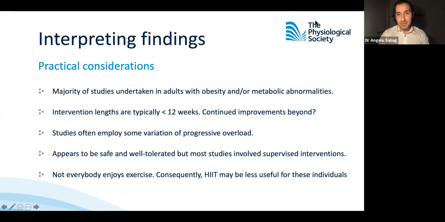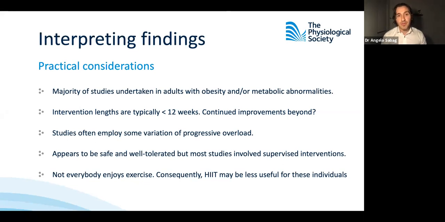Now, another thing that we've seen, and this is specific to high intensity interval training, I'm not talking about sprint interval training, is that high intensity interval training appears to be safe and well tolerated. But you have to consider that most of the studies were supervised.